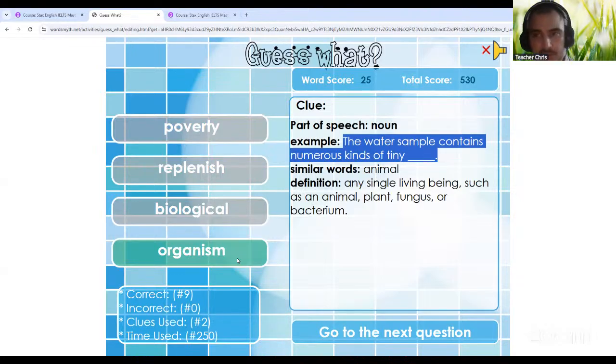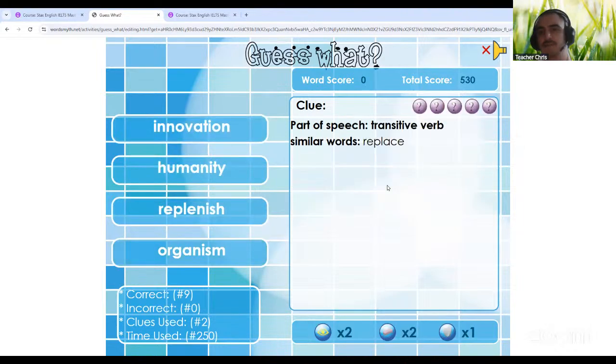Any living being. So that could be an animal, a human, a plant, a mushroom, moss, yeast, or even bacteria, germs. Not viruses, though. We don't include viruses. They're not living. Germs, bacteria are.